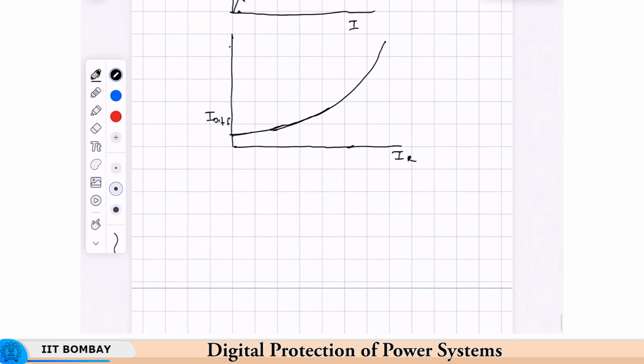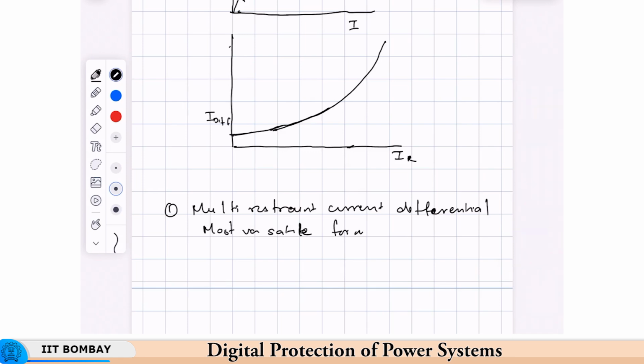So, the types of differential protection, the first one is the multi restraint. This is of course, we are talking specifically of bus bar protection. So, this is the most versatile form of bus differential protection.